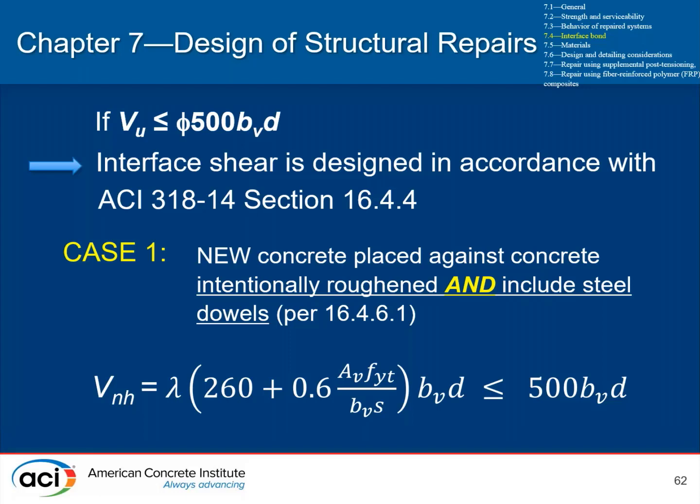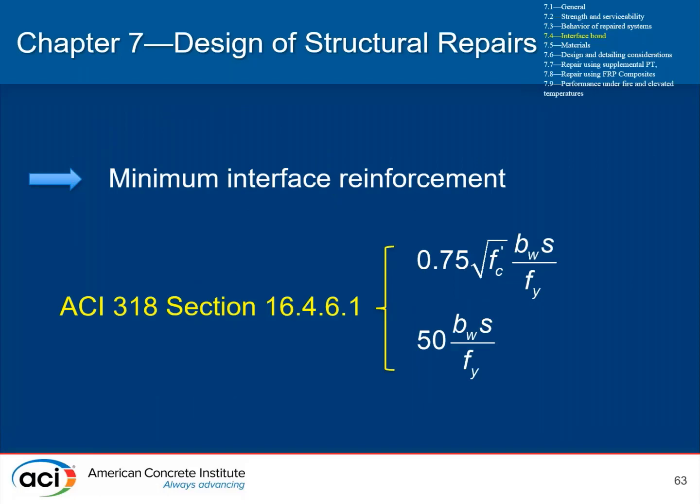Again, this is for conditions where it's less than 500 psi shear stress. There's a requirement for minimum interface reinforcement, which is provided by these equations based on the compressive strength of the concrete or the yield strength of the steel, the spacing, and the width of the members.